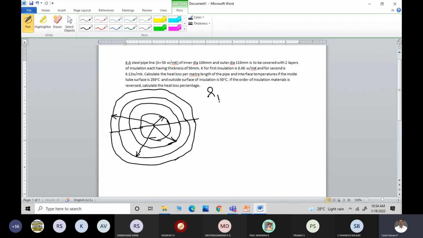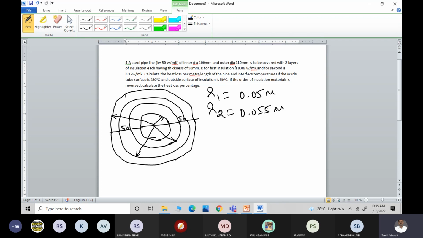Now writing down R1: inner diameter is 100 mm, so radius 50 mm, 0.05 meters. Am I correct? Outer diameter is 110 mm, so 0.055 meters, R2. It is covered with 2 layers of insulation having thickness 50 mm, so 50 this side and 50 mm this side. Totally 100 mm has to be added to 110, so 210 mm.